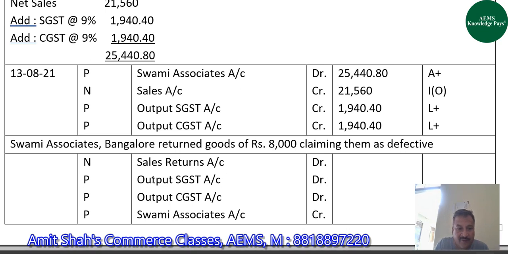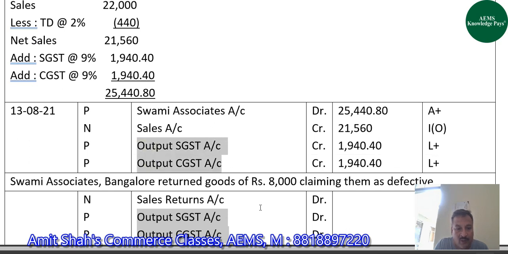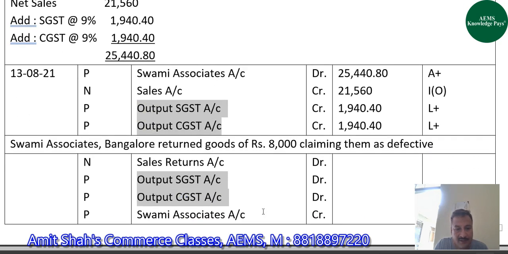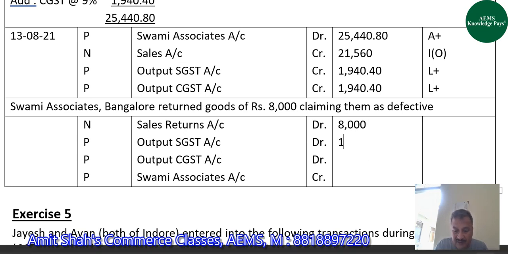So here, guys, we have reversed output SGST and output CGST, which we credited here while selling goods, right? Sales return is 8,000, 9% of that is 1620 and 162. No, it is 1620 only, right? 720.